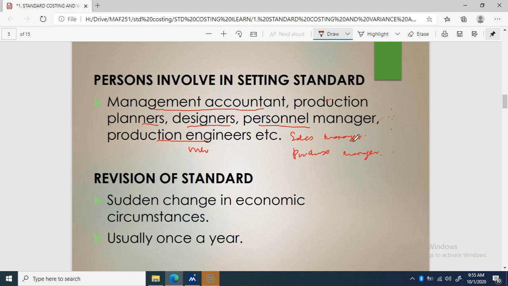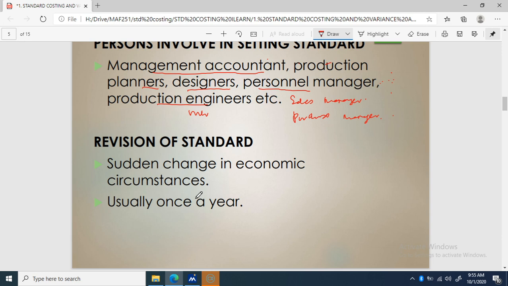There are many persons who are involved in setting the standard. Okay, when they set the standards, this standard cannot be used for a long period of time. If we use it for a long period of time, we refer to it as a basic standard. So just now we said the best standard is the achievable standard, attainable standard, or expected standard.